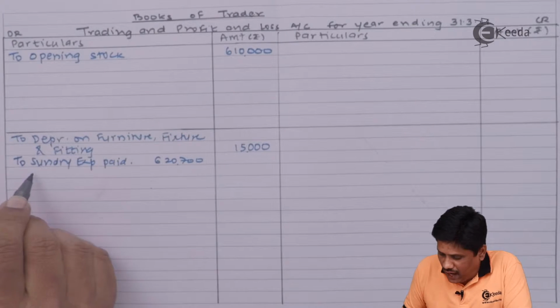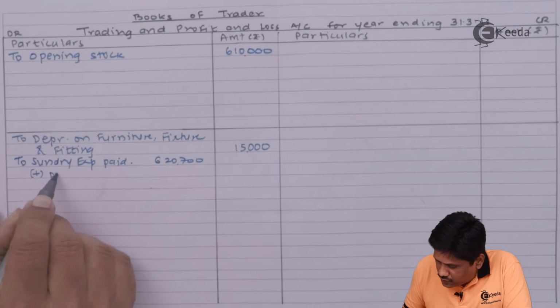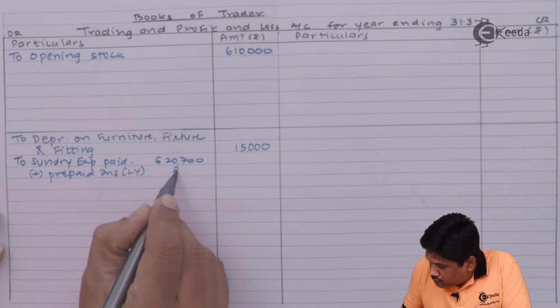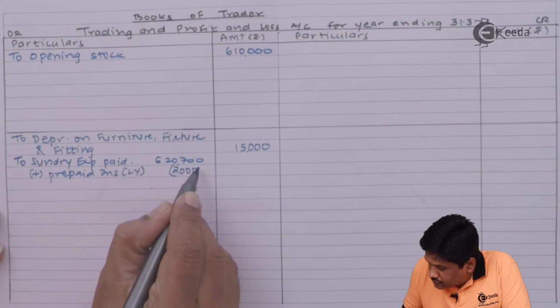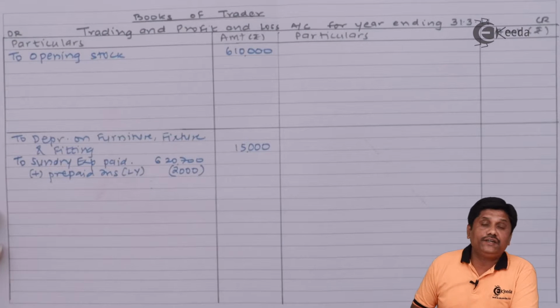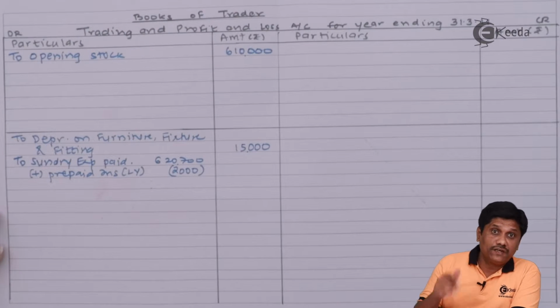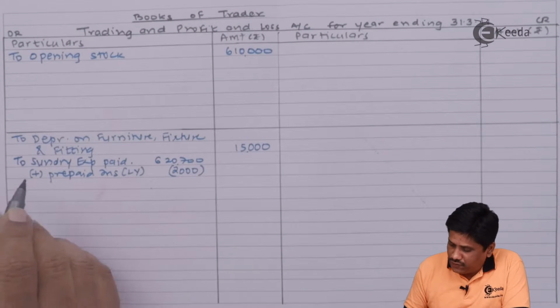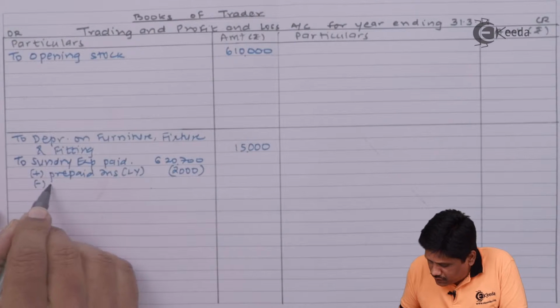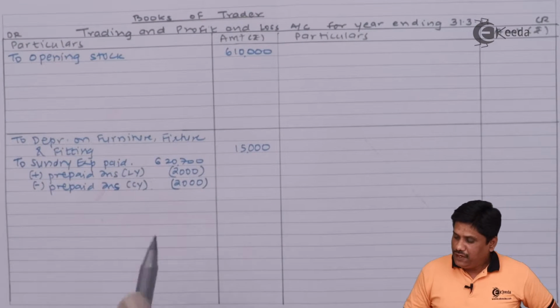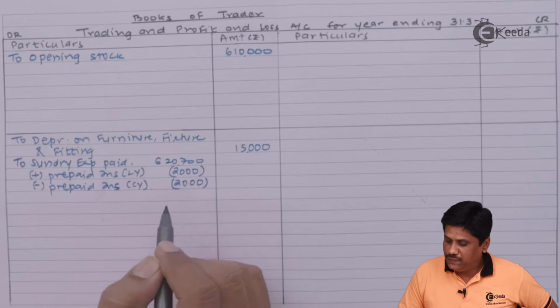So I am saying here add prepaid insurance of last year 2000. Obviously in current year also we must have paid insurance on 1st of August. That means current year also we paid for next year 4 months. So that prepaid of current year I will minus. Prepaid insurance of current year I will minus and last year's prepaid I will add.